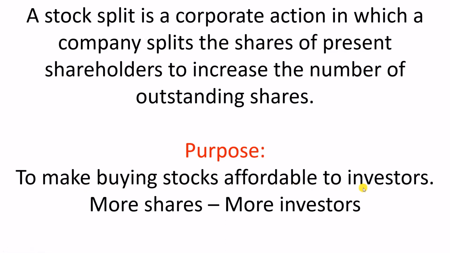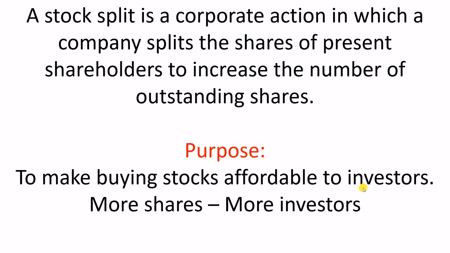Okay? Now, taking the example of the cake. If you have one big cake which is priced higher, then you have fewer buyers. Whereas if you cut it up into small pieces of lesser price, you have more people buying it. Now, in the stock market, if a stock is very costly, then finding buyers for it will be difficult.